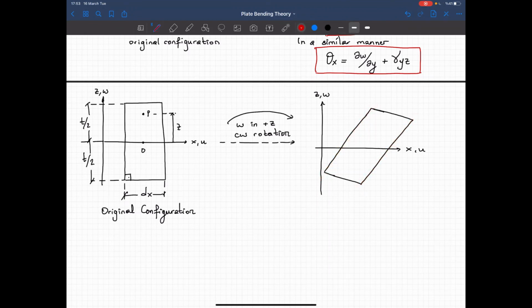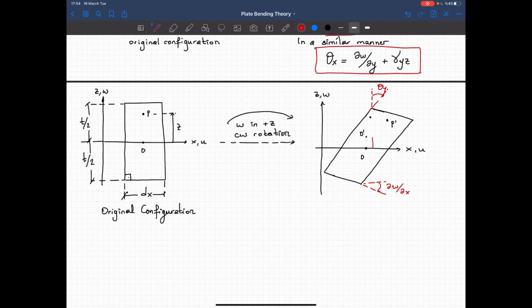So we see distortion at both edges, alright? Now this rotation is equal to del W over del X, and the rotation of this edge is equal to theta Y. So point O was here initially, so it moved to that point, O prime. So our P prime, let's say that it's here now. It was here before.